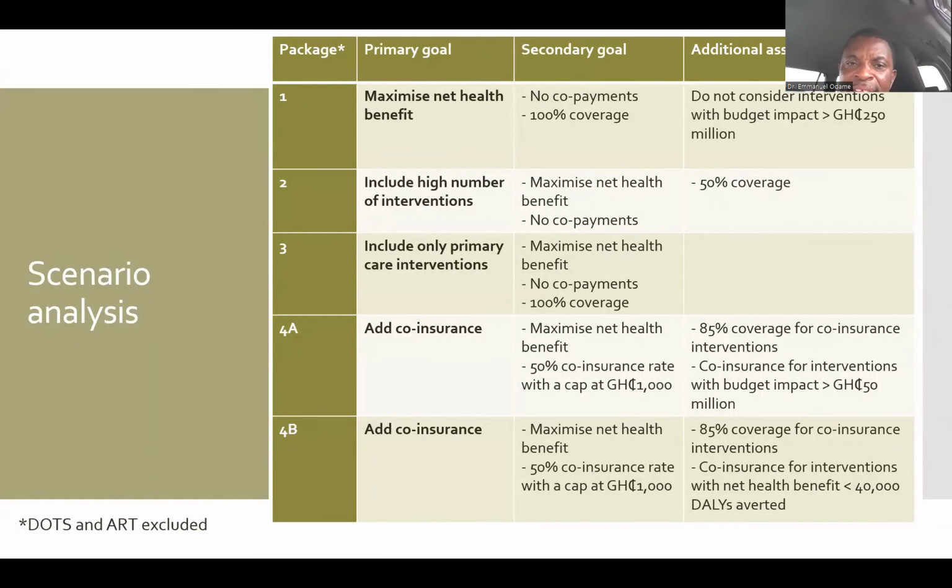But what I want to highlight is that a lot of our primary care interventions had maximum net health benefits. But the issue then will have to do with high emergency net health benefits.